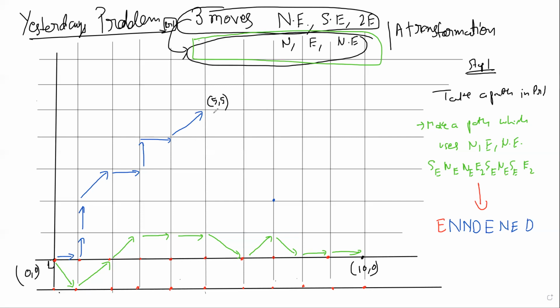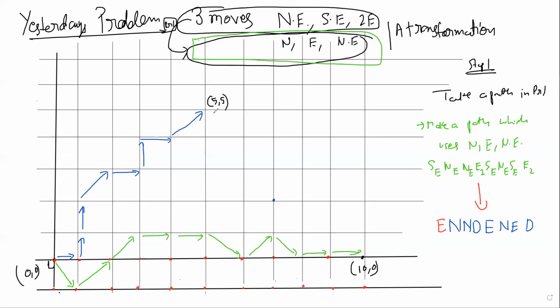Right? So I took a path in the first problem. I did this conversion and I went to this path in the second problem. And you can also go back and forth. Does everybody see that? Right? You can just go reverse also. Just do the reverse.